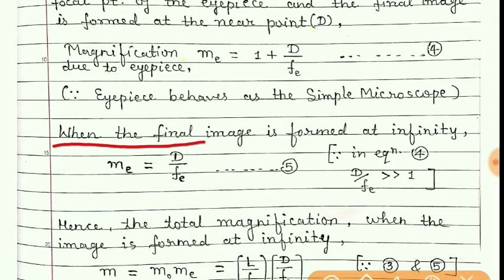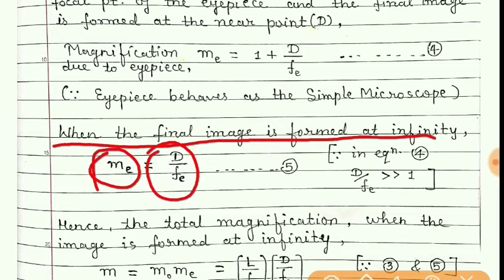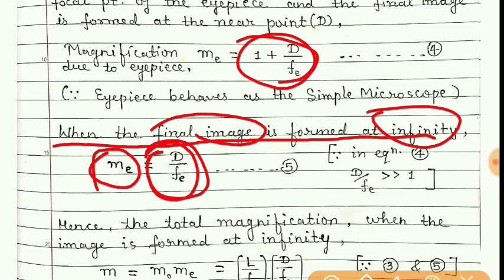Now when the final image is formed at infinity, magnification ME is equal to D upon FE. Students, we have both this equation and this equation also. When the final image is formed at infinity, this one can be neglected.